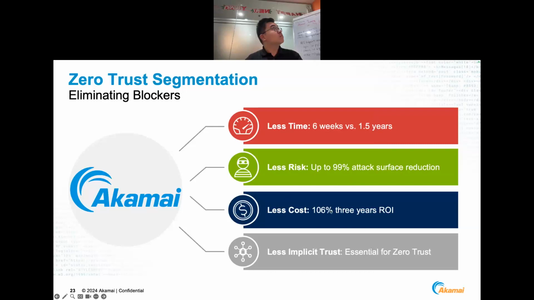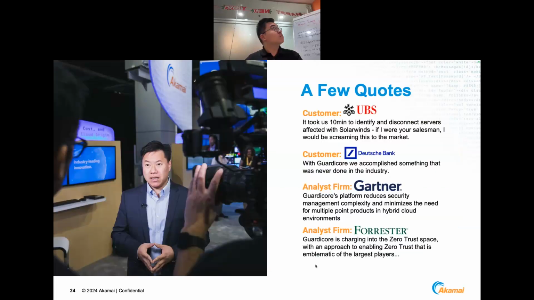In 3 years, you can achieve 106% return on investment, ROI. And lastly, less implicit trust, which means we are following the zero trust concept, where we should assume that no one is trustable unless you allow a specific request or traffic to go through.